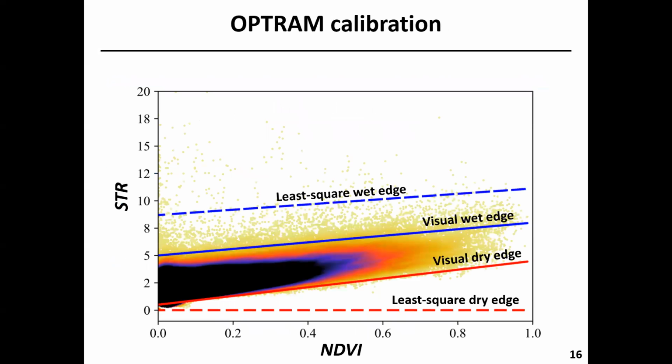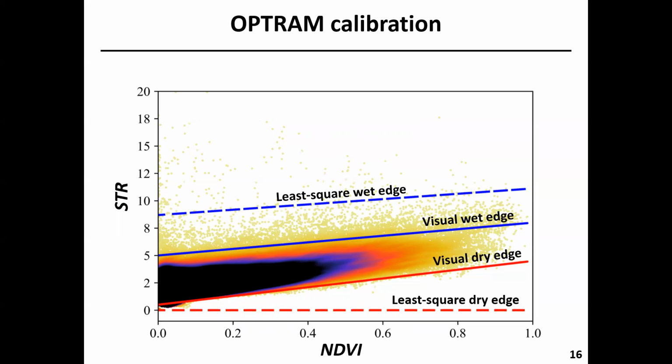So for calibrating the OPTRAM, we propose plotting STR versus a vegetation index such as NDVI or fractional vegetation cover or any other vegetation index. Then we have a trapezoidal space like this, and we propose 2 methods for determining these edges, or basically getting the OPTRAM parameters for each area.